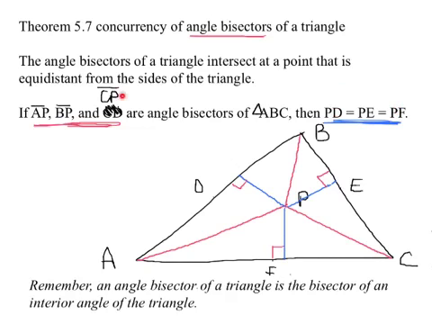When I have a line over it, it's a segment or a picture. When it's no line with an equal sign, it's a measurement. So remember, an angle bisector of a triangle is the bisector of the interior angle of the triangle. Okay, so all of these angles, those are congruent, those are congruent, those are congruent.